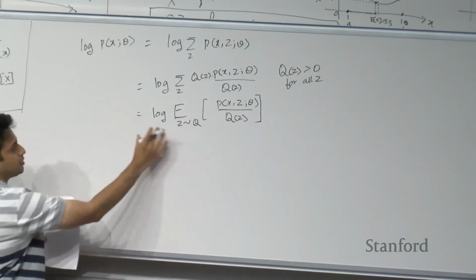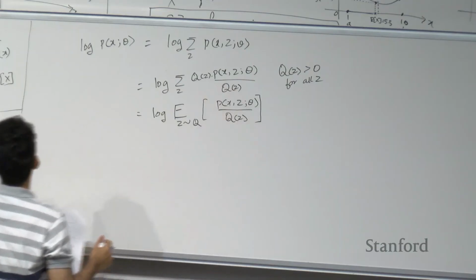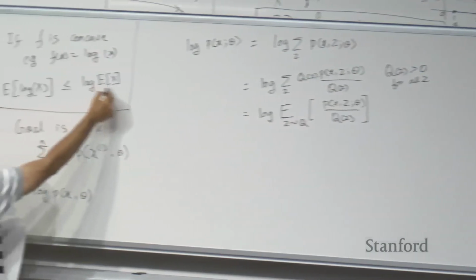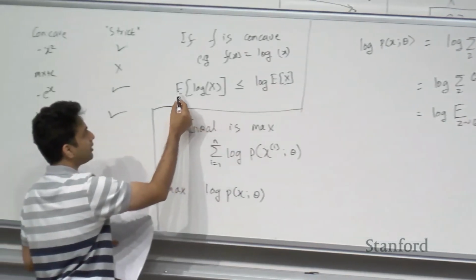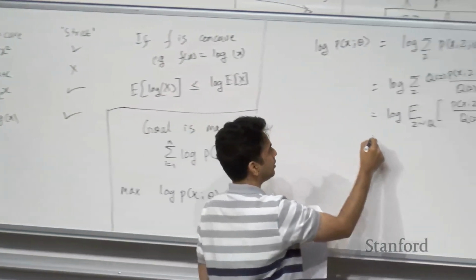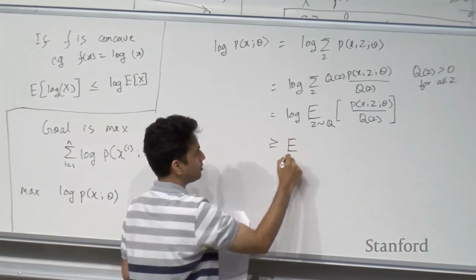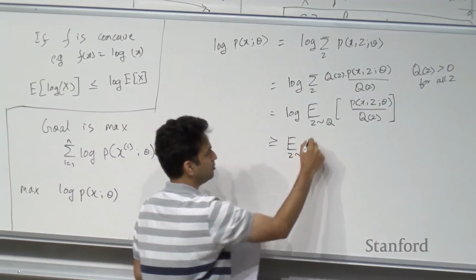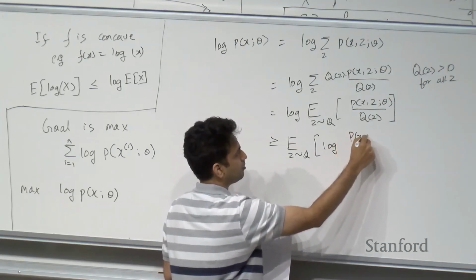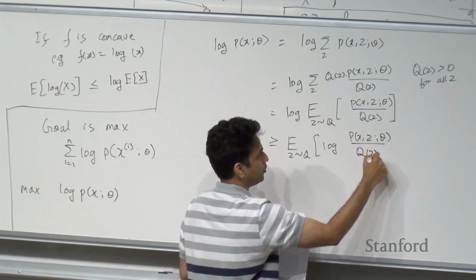So this is just the expectation, and now we make use of Jensen's inequality and note that log of the expectation of something is greater than the expectation of the log of the same thing. And so this is going to be greater than or equal to the expectation over z drawn from q of log p of x comma z, theta over q of z.